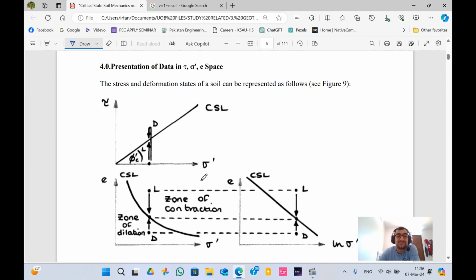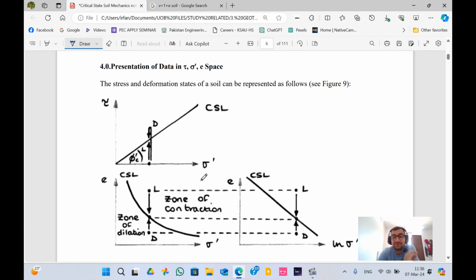Now, presentation of data in the shear, effective stress and void ratio space. These are the important graphs if you are studying the critical state soil mechanics module at the University of Birmingham.